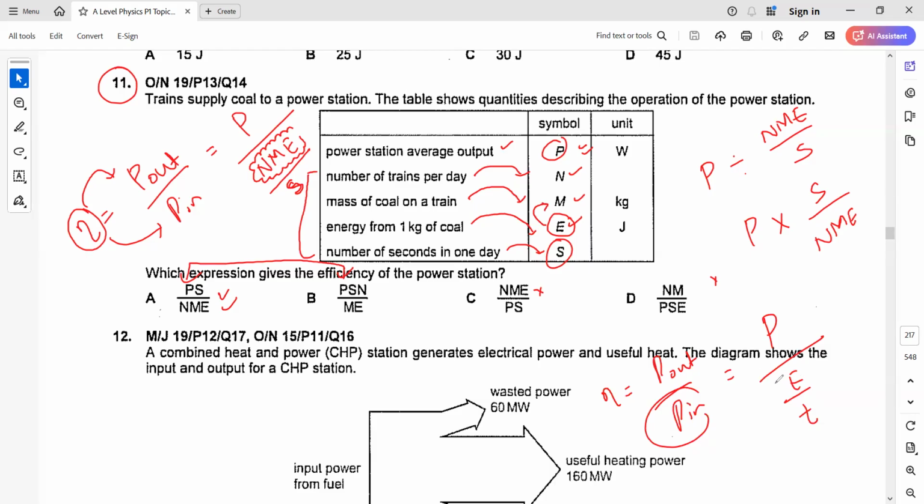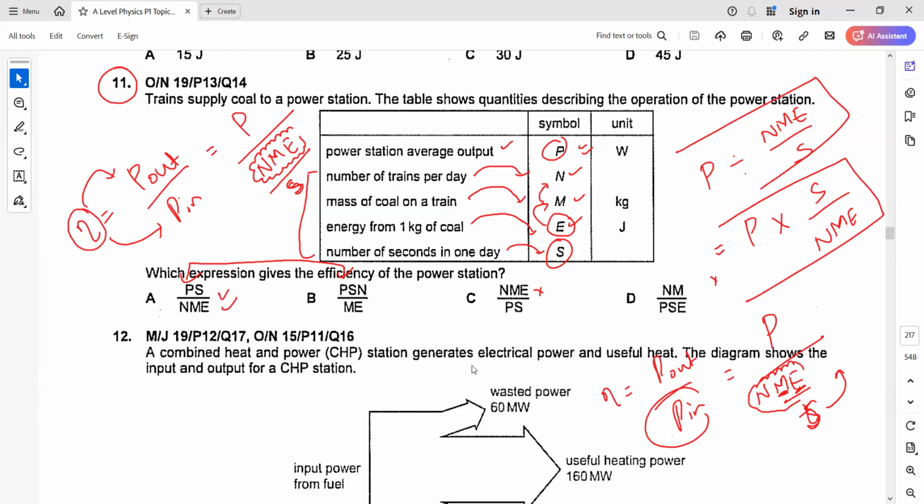So we multiply E with N, and they are not saying that they have only one train running per day. There are number of trains, that's N. So each train carries coal, and it supplies energy. So let's keep it very simple. Time is basically not T but S. So once you solve this expression, this is what you get, right? सही है, समझ में आ गई बात? Okay, that's nice.